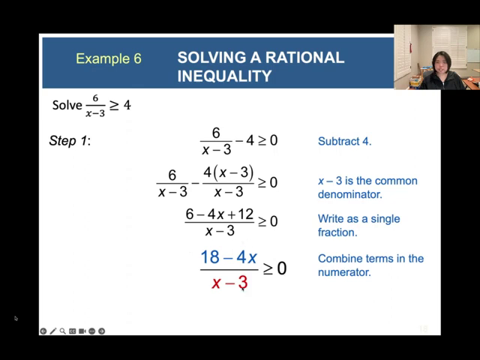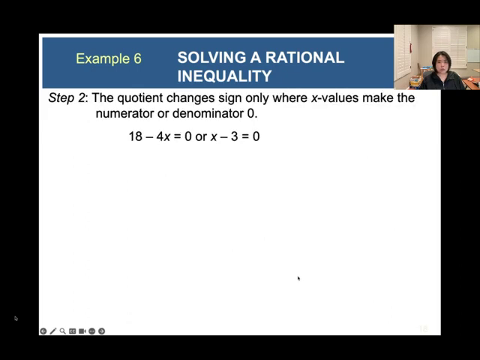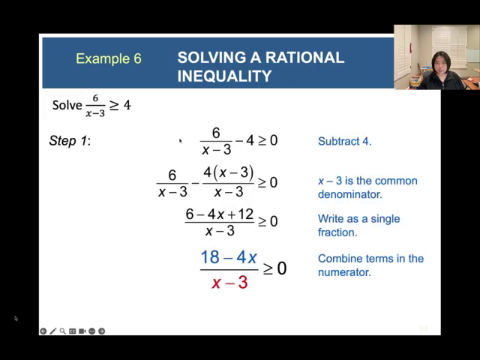Okay, what makes this equal to 0? When the numerator 18 minus 4x equals 0, 0 divided by a number will be equal to 0. So that will be our first solution here. 18 minus 4x equals 0. And then remember the denominator cannot be equal to 0.